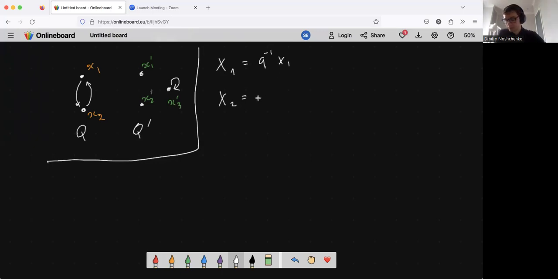So this is q inverse times x1, and x2 would be q inverse times x2, and now times y1. Since we had a connection between x1 and x2, and x1 goes first, x2 goes after. So when we compute the operator associated to x2, we take into account the arrow which goes from x1 to x2, and this amounts to adding this operator y1, which acts on x1.